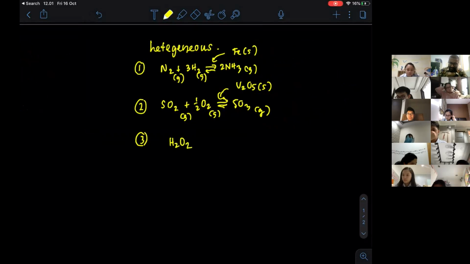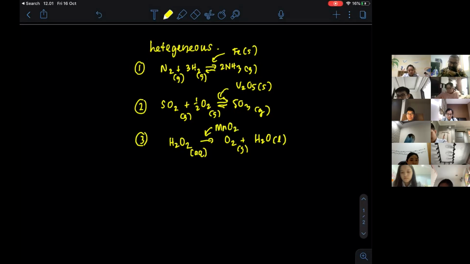Hydrogen peroxide, the decomposition to give you O2 and water. What is the catalyst? I think Justin, you can answer this. Manganese oxide. Yeah, so MnO2, manganese(IV) oxide. This is going to be solid.